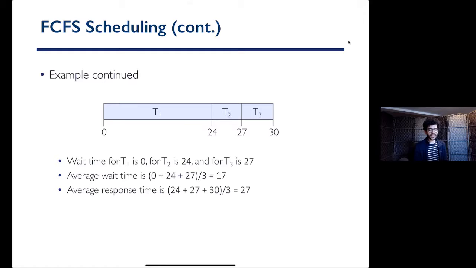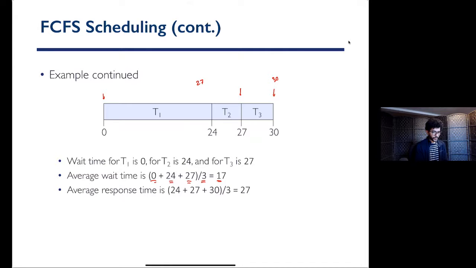T2 was in the system for 27 microseconds because it came at 0 and it finished at 27. And T3 was in the system for 30 time units. So the average is going to be 0 plus 24 plus 27 divided by 3, which is 17.